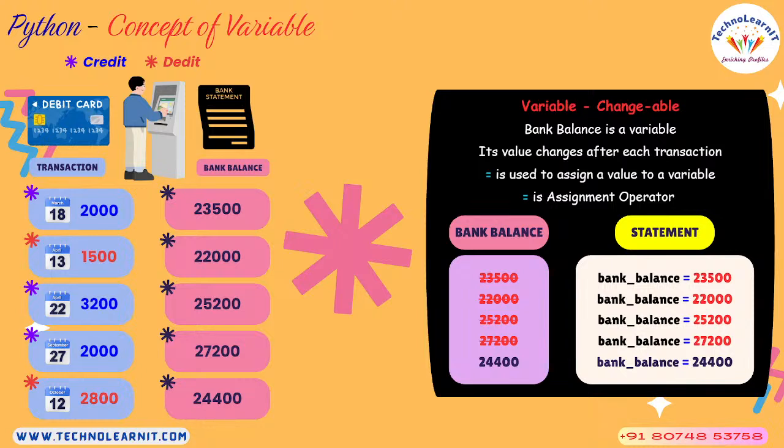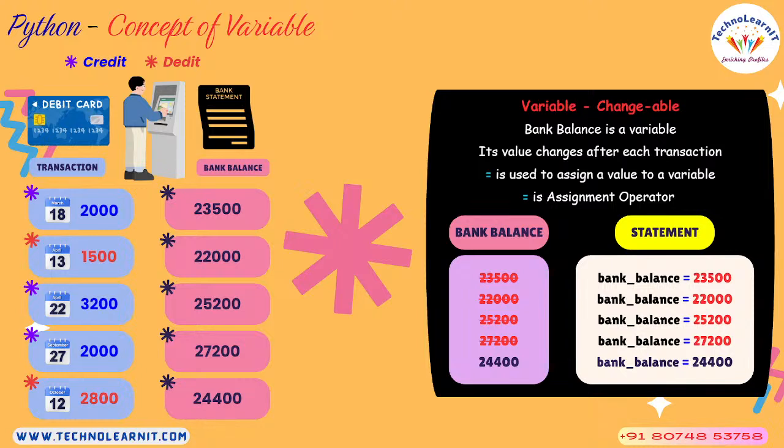Okay. So here the bank balance changes after each transaction. Correct? The bank balance at some point of time was 23,500, and at a later time it became 22,000.